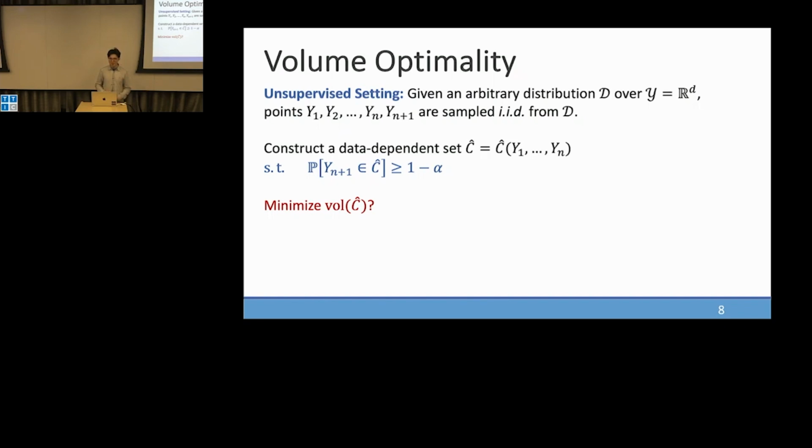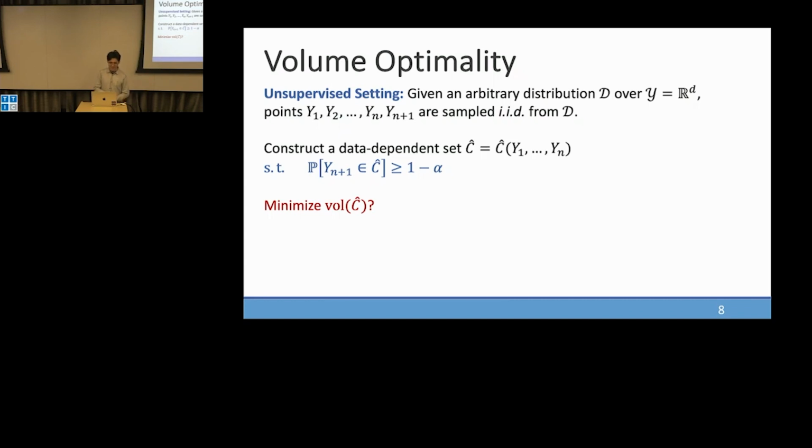We have points sampled i.i.d. from this distribution. For now, let's consider a very strong i.i.d. setting. Now we want to construct a data-dependent prediction set based on Y1 to Yn, the historical data, such that the new data falls in this prediction set with probability at least 1 minus alpha, for some coverage level alpha we pick.